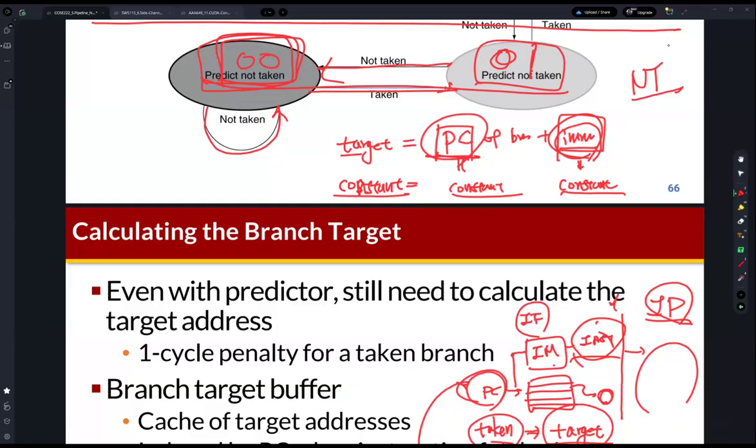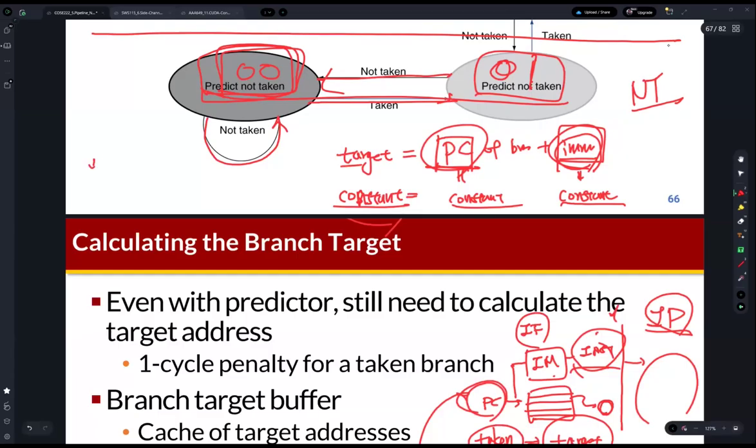For example, BEQ, X1, X2, and then the immediate value. We predict the result of a branch instruction for repeated branch instructions.